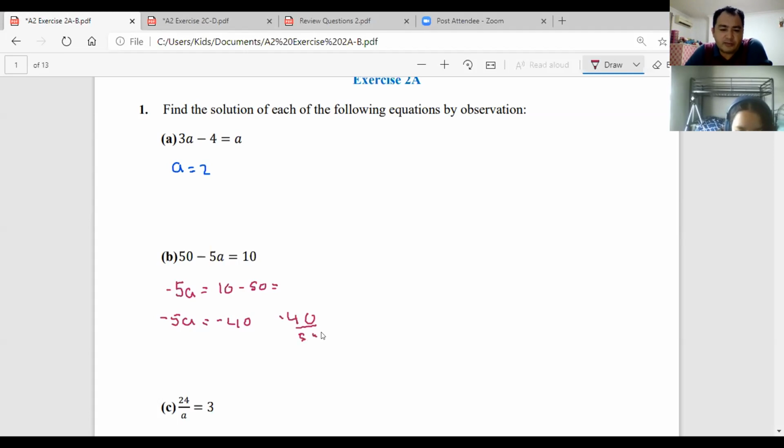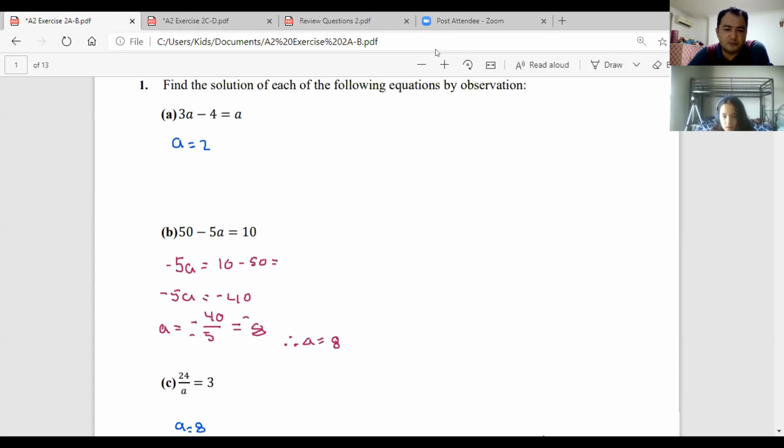No, Shahina, don't write like this. Now from the new row, write a equals negative 40 over negative 5, because you divide both sides by negative 5. If you divide both sides by negative 5, what is left on the left-hand side? A. So minus 40 over minus 5 equals 8. All right, good. As you practice more and more, you get more comfortable with writing.